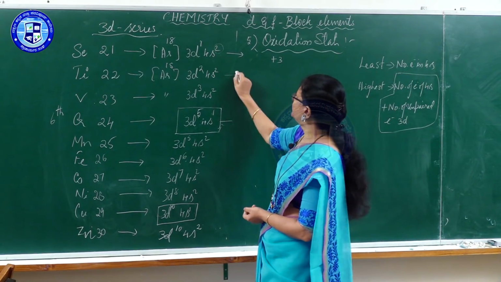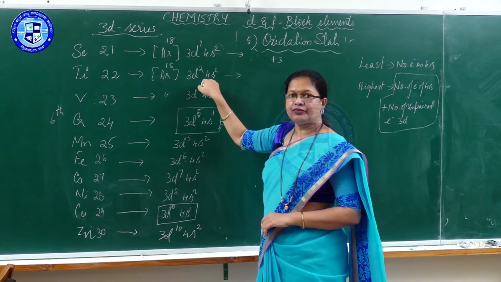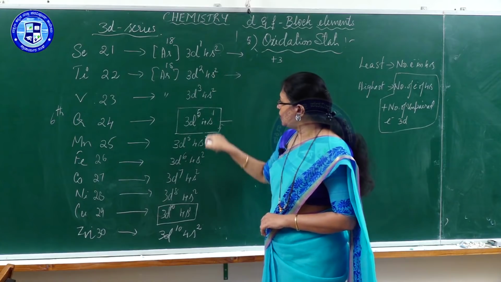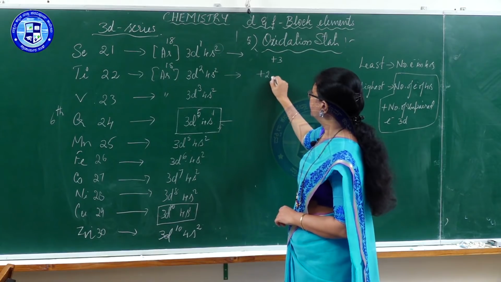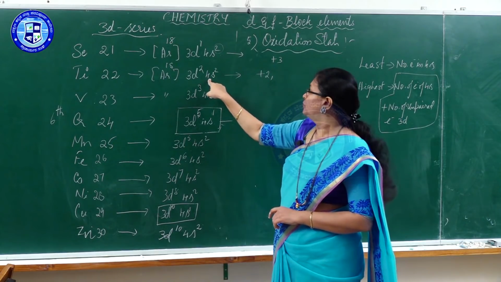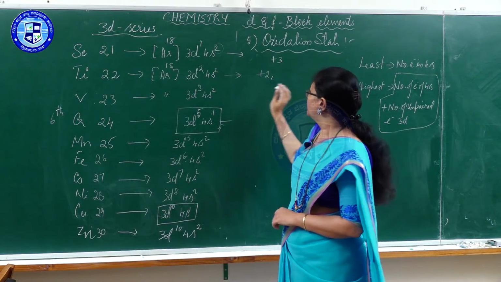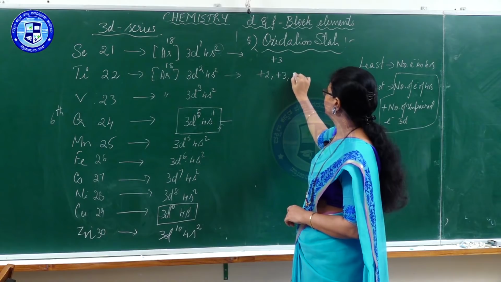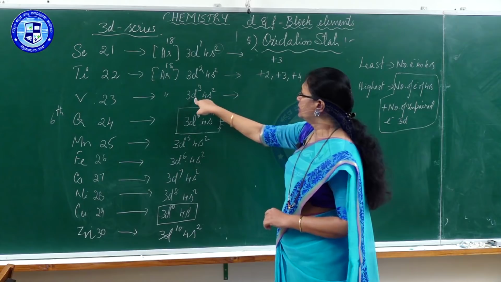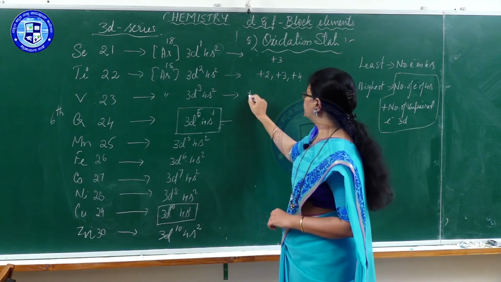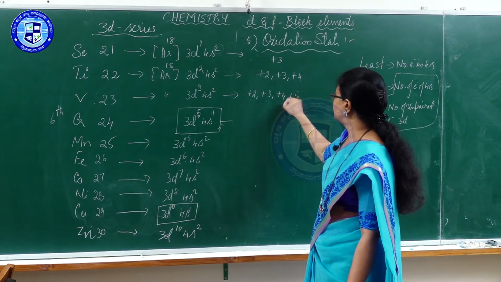Then, according to the rule, as we said, the least oxidation state should be the number of electrons in the 4s. So, when you see all these show +2 oxidation state, this is +2 least, then highest will be 4s orbital electrons plus 3d unpaired electrons. These two are unpaired, so total of 4, hence it will include +2, +3 and +4. Here up to +5, that is +2, +3, +4 and +5.